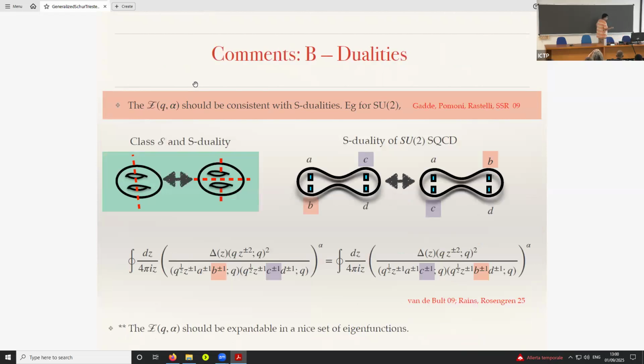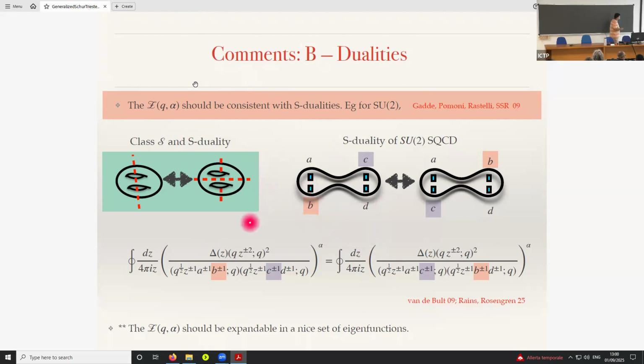Another thing that I want to mention is that what we did, we just took the full index of some N=2 theory, and just took a certain limit of that index. We didn't do anything funny. In particular, if we are in this class S story, these indices have to satisfy various identities due to S dualities.